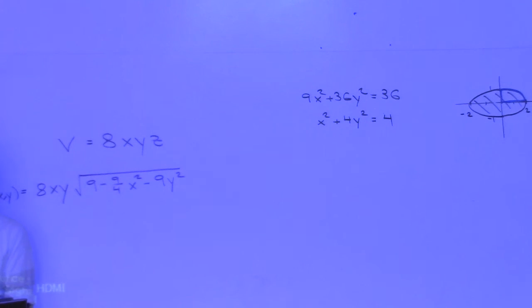So those trees that we did, remember those? You should be able to find the gradient of a surface at a specific point. You should be able to find the maximum rate of change of a function at a given point. So that has to do with the gradient vector. So directional derivative and gradient vector, you should be able to do those.